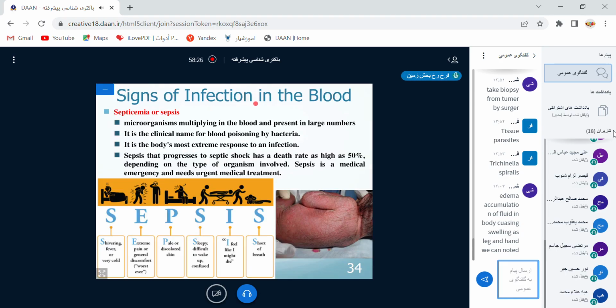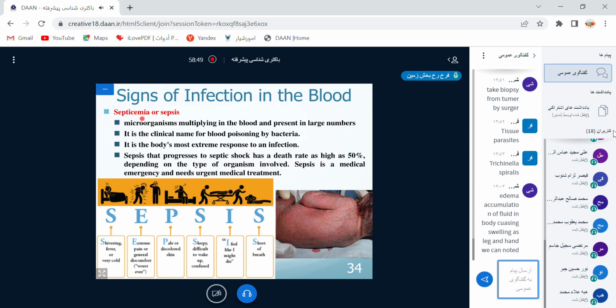Signs of infections in the blood. As I told you, sometimes some pathogenic bacteria can remain in the blood, can multiply in the blood, can go everywhere in the body by help of the blood.